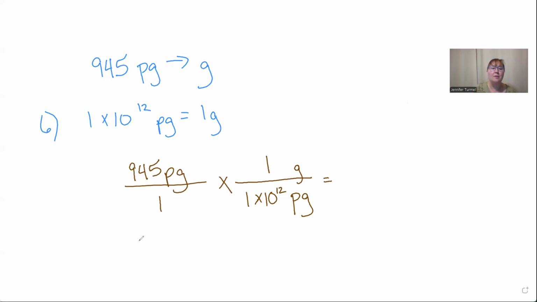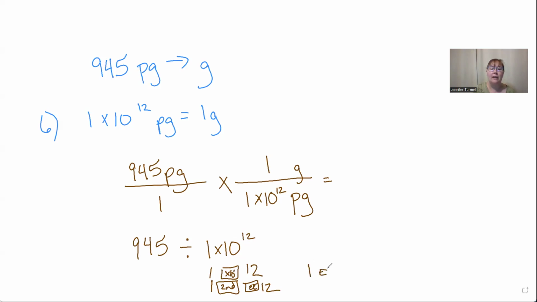Okay, so what you're going to be doing with this is 945 divided by 1 times 10 to the 12th. Now on your calculator, my calculator has a 1 and then a times 10 to the button and 12. Some calculators are going to be 1 and then second EE 12. Some calculators are going to be 1 and then an EXP 12, and it just depends on what you have.